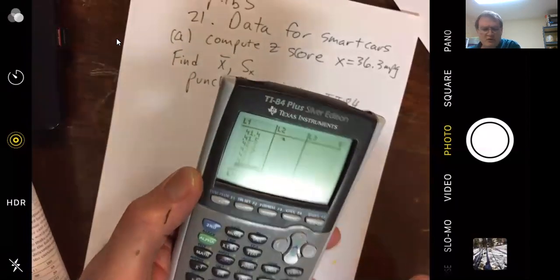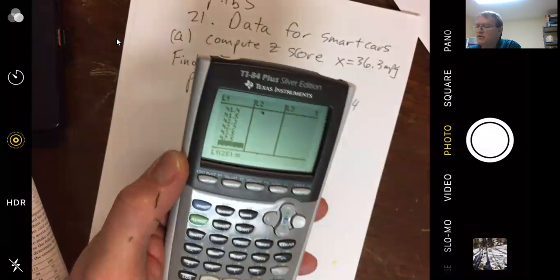Okay, that should be 24 numbers. 6 columns, 4 each, 24 numbers, yeah.